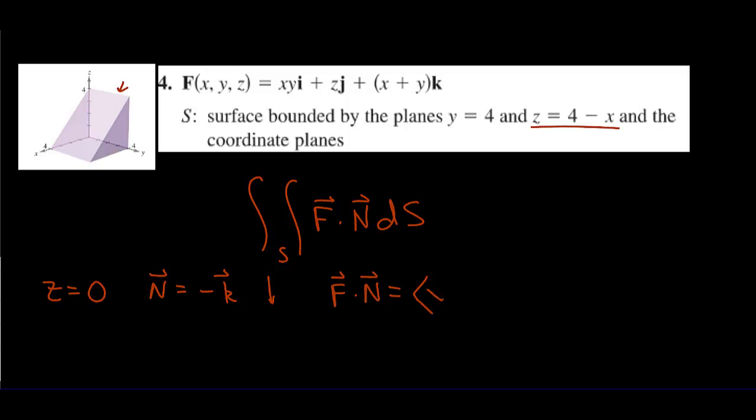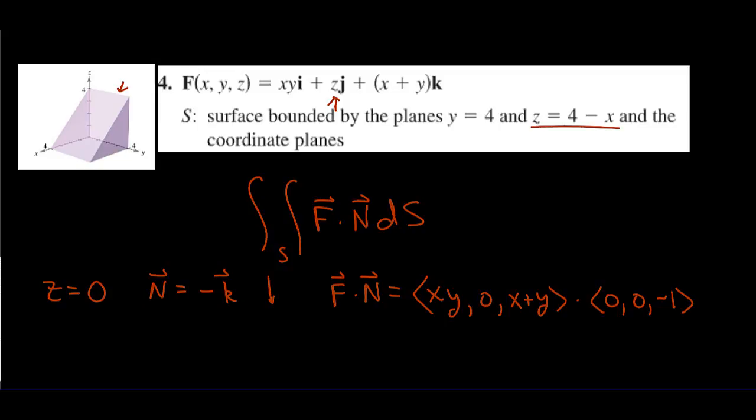We have xy here, we have 0 in the middle part, since z is equal to 0, I'm just going to put a 0 there for z, and then we have x plus y here. And I'm going to dot that with 0, 0, negative 1.